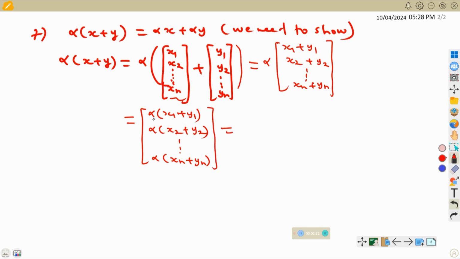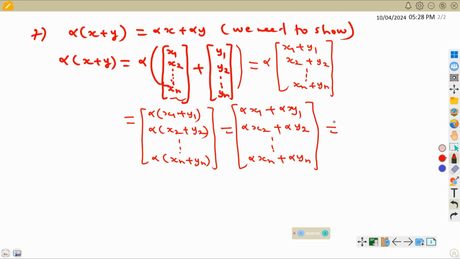Now, from here, if you multiply alpha into x1 plus y1, it will be the same as having alpha x1 plus alpha y1, alpha x2 plus alpha y2, up to alpha xn plus alpha yn.